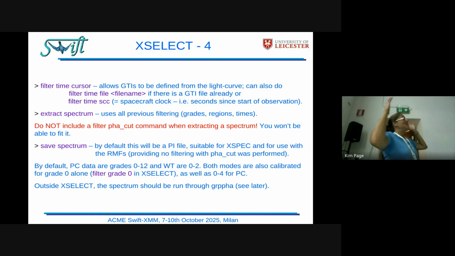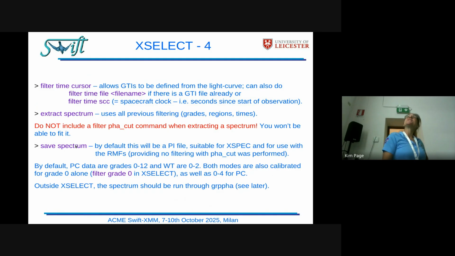That's because you need the full energy range to match with the calibration files. If they don't match up, when you read it into XSpec, which is what we use for fitting spectra, it will throw a fit and say it doesn't match, and you have to go back and do it again. So always make sure, do not use a PHA cut command before extracting a spectrum.